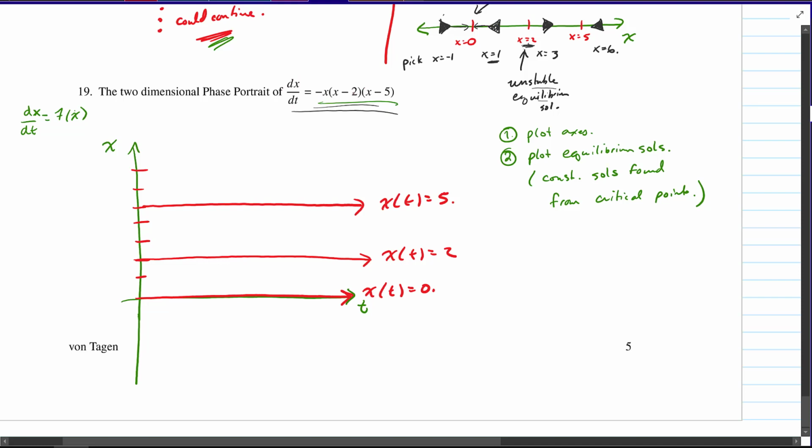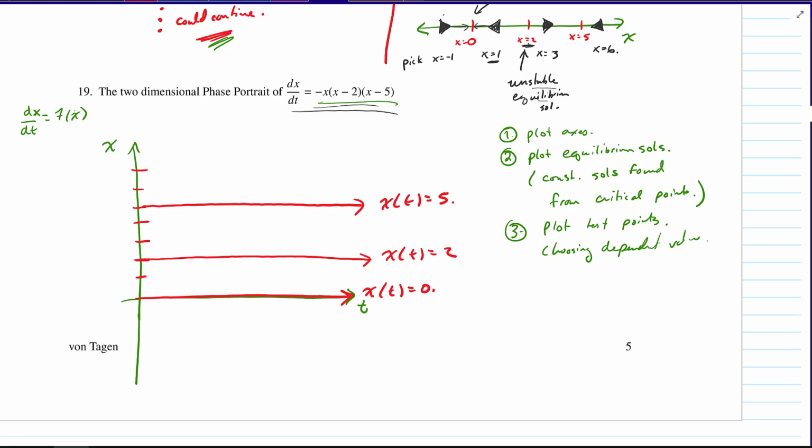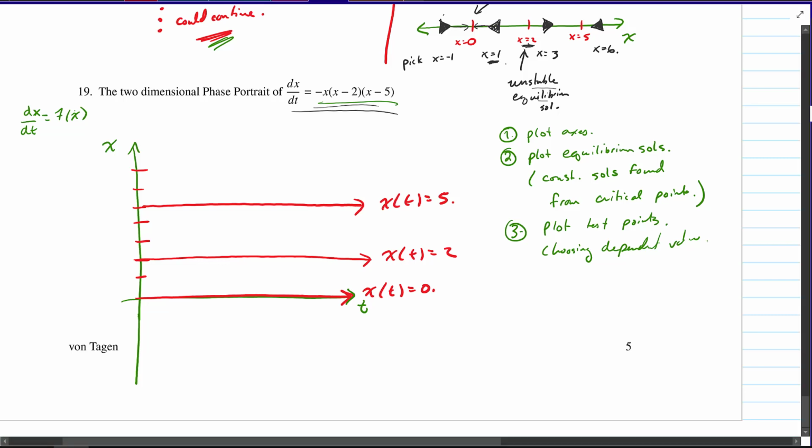Okay. Then we're going to plot test points. Now these test points only depend upon choosing dependent variables. They're independent of time, right? So let's say we pick, like over here, the test value 1, and we said, hey, if we plug 1 into this differential equation, that's going to spit out a negative value.